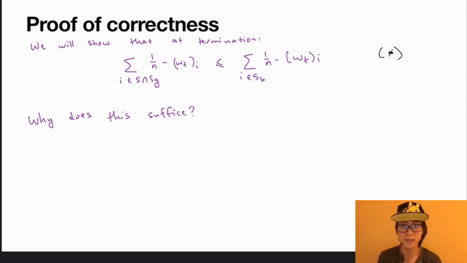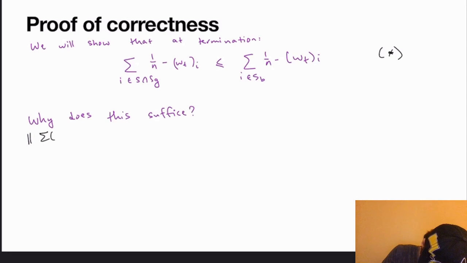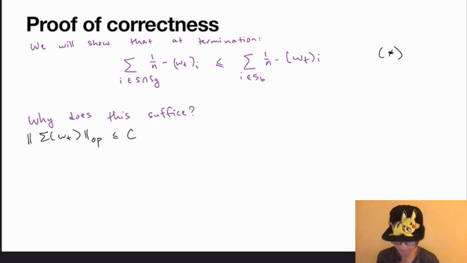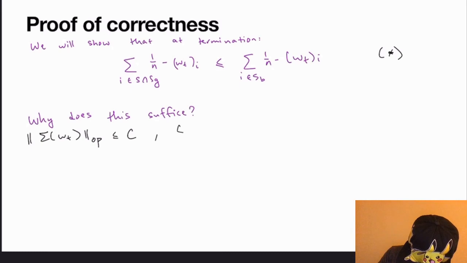So why does this suffice? Well, recall that at termination, sigma of Wt has spectral norm which is at most C, which again you should think of as some constant. Moreover, I claim that this condition star implies that Wt is within script W of n comma 2 epsilon.